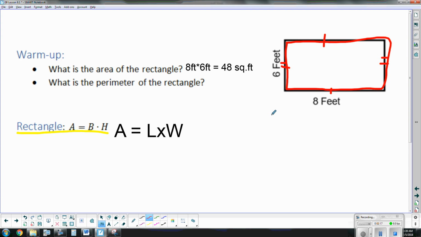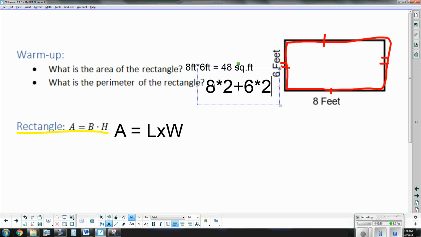So we're just adding up all the sides, or we can say 8 times 2 plus 6 times 2, which is 16 plus 12, which is 28. And here, our units are just feet, because we have feet plus feet, not feet times feet like we did in the area of a rectangle.